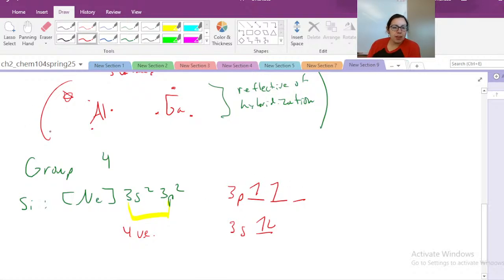So then we want to show that. So silicon, 2 electrons on one side next to each other, and then the other 2 individually. And this is correct, so this is actually reflective of the reactivity that silicon displays.